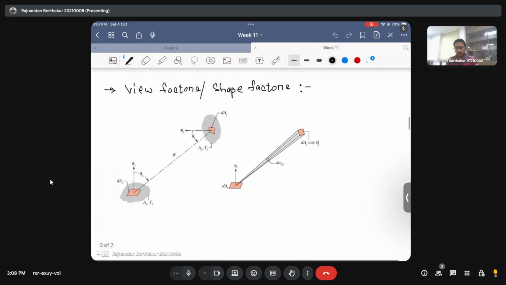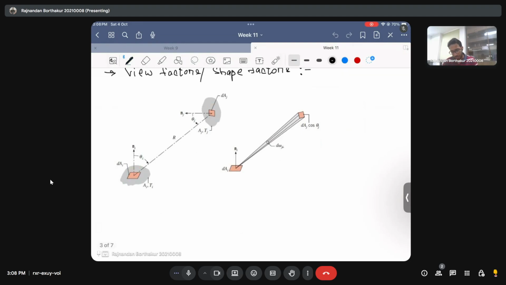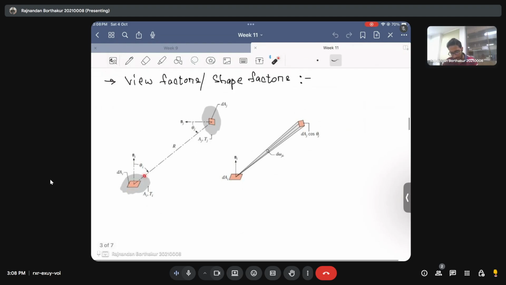As you can see from your screen, we will begin with a quick recap of these view factors. On your screen, you can see a body of a given area Ai, whose differential area is denoted by this orange region, dAi, having a unit normal ni, and the other body, of area Aj, whose corresponding differential element is dAj, and its unit normal is nj.